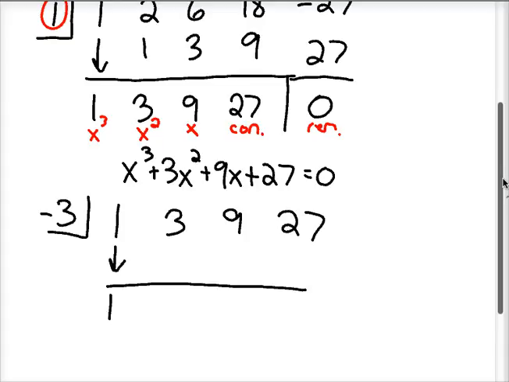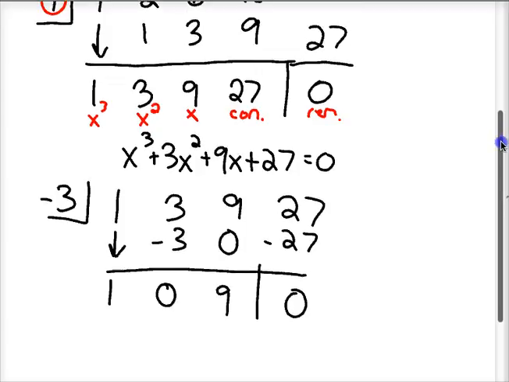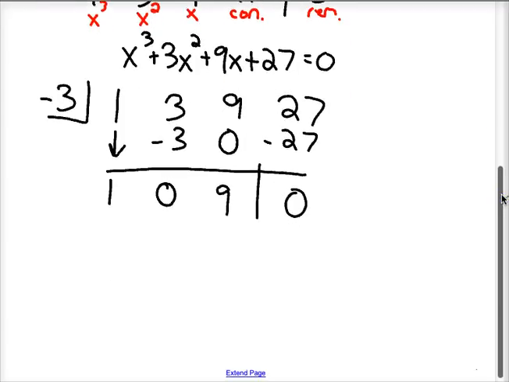Pull down the 1, multiply by -3. Add, multiply by -3. Add, multiply by -3, add. All right. So now, just like I said, notice what we have.